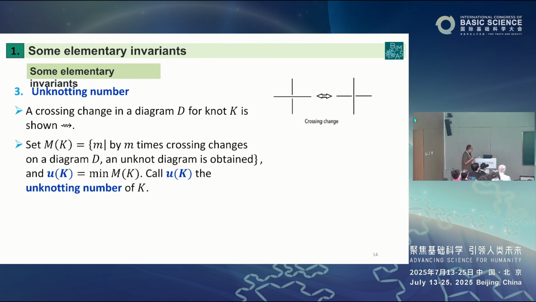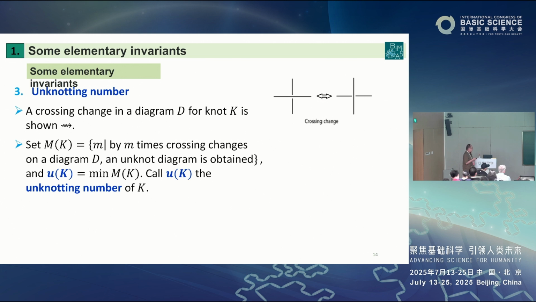Set M_K to be the set of integers m such that, by m crossing changes on a diagram D of K, a knot-free diagram is obtained. Let u(K) be the minimum number in M_K.